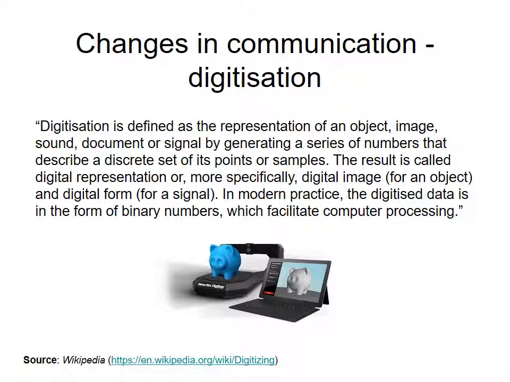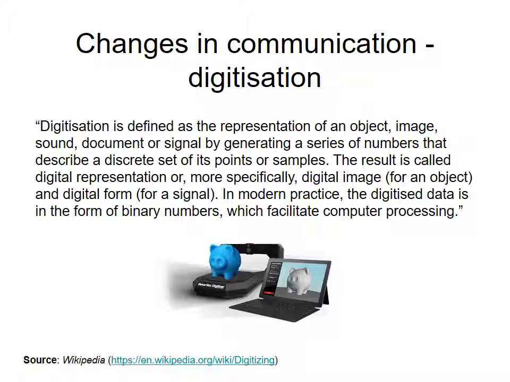Now let's move to, I wouldn't say more fun aspects, but digitization is the building block that facilitated the spread of information systems, and it's a key ICT development. Here is yet again another definition.